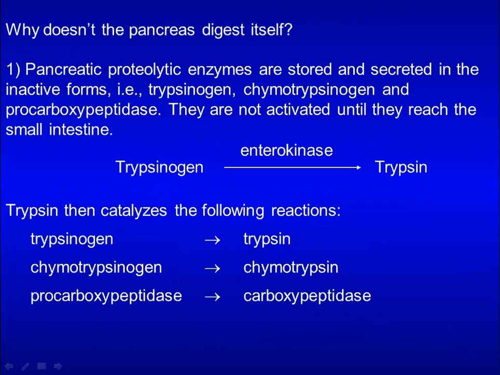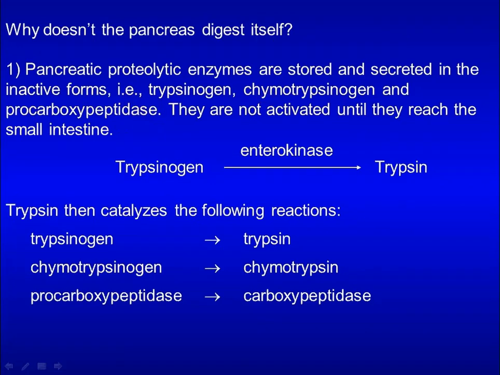Here is a question. Why doesn't the pancreas digest itself? There are 2 reasons. First, pancreatic proteolytic enzymes are stored and secreted in inactive forms. For example, trypsinogen, chymotrypsinogen, and procarboxypeptidase are inactive.